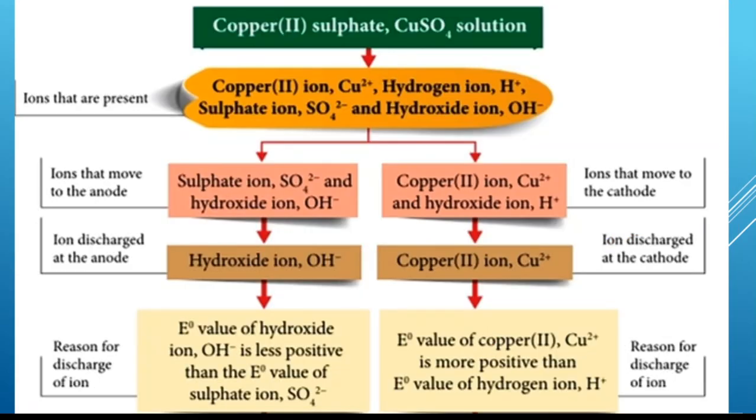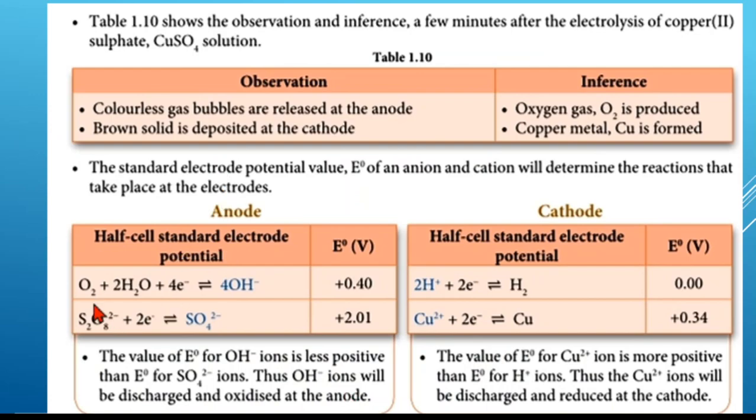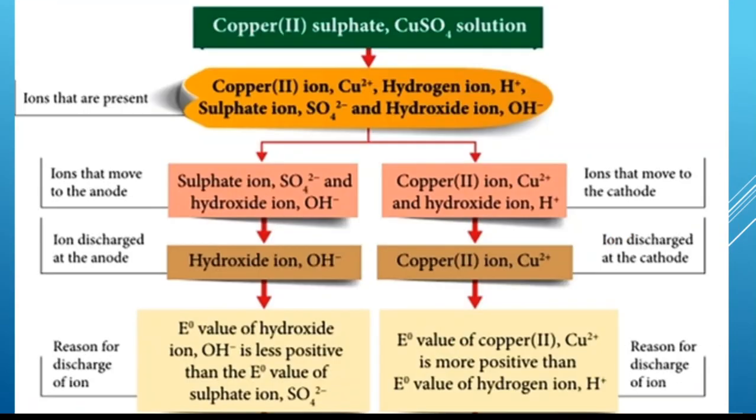Okay? So, apa yang terjadi adalah macam molten juga tadi. Cuma kita sudah pilih kan? Kita sudah pilih di anode itu OH minus yang kita pilih untuk di-discharge. Di cathode itu copper yang kita pilih untuk di-discharge. So here ion data present. Solution Cu2 plus H plus. Ini dari air.